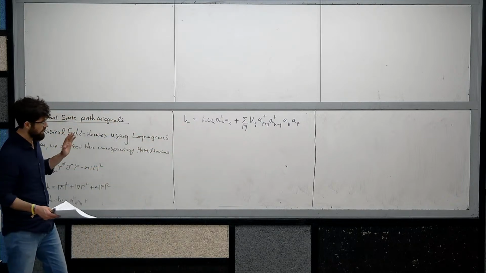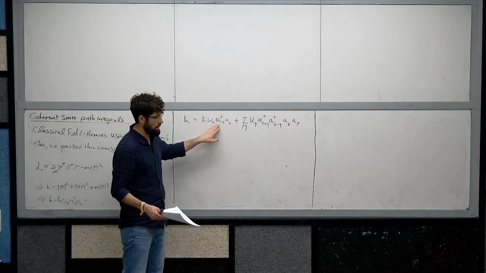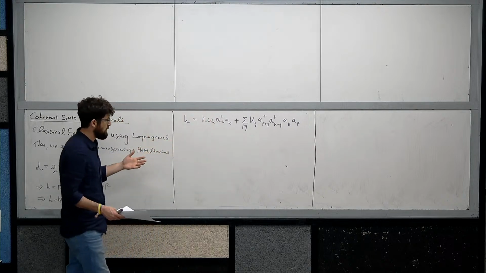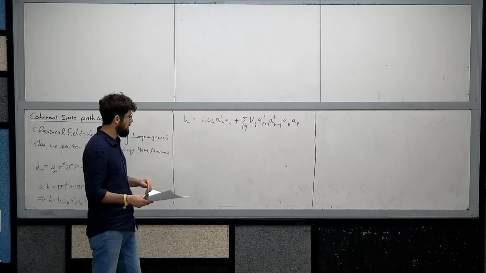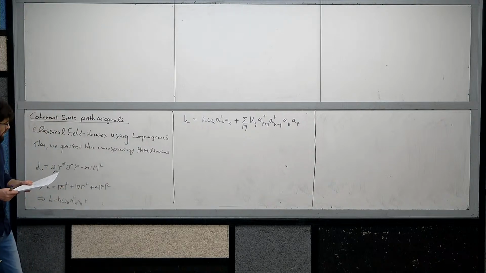And that's the idea. These are like particles, the well-behaved objects that we want to look at. Now we want to write general theories like this in terms of path integrals. So that's what we want to do.